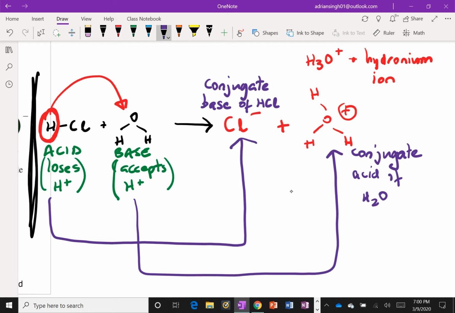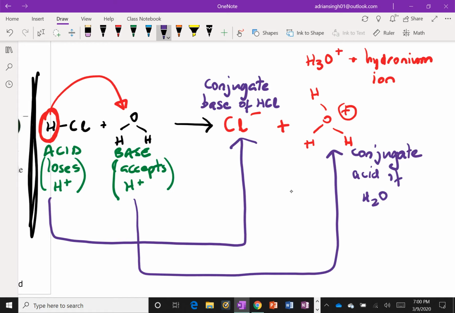So in every single acid-base reaction, you're going to have two of these conjugate acid-base pairs. And they are related to each other. The only difference between these two is just the H plus, and the only difference between these two is just that H plus that we've added. Right?